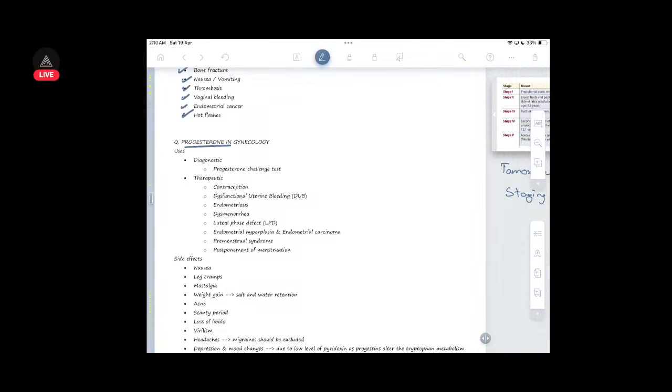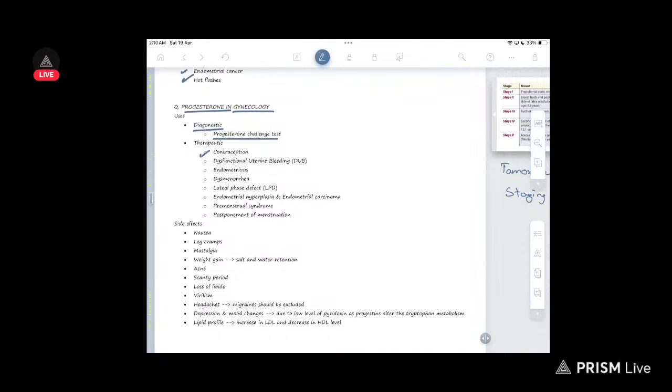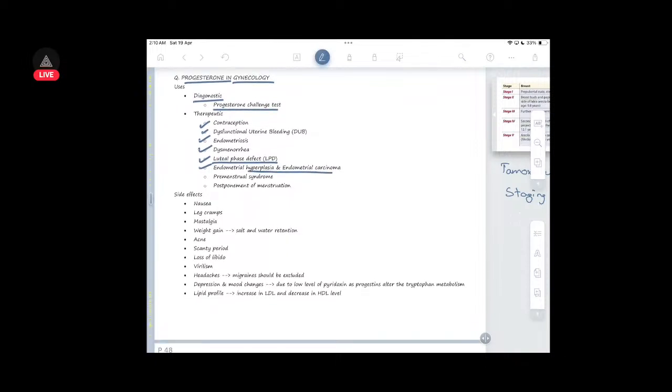Then progesterone in gynecology: diagnostically, progesterone challenge test. Therapeutically for contraception, dysfunctional uterine bleeding, endometriosis, dysmenorrhea, luteal phase defect, endometrial hyperplasia and endometrial carcinoma, premenstrual syndrome, and postponement of menstruation. All of them are therapeutic uses of progesterone.